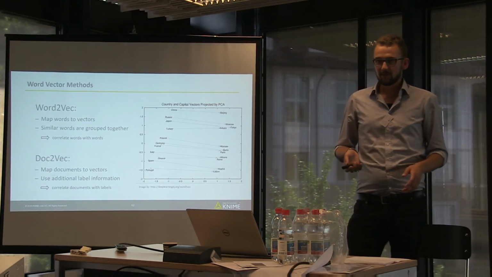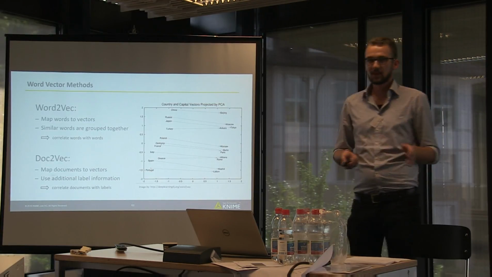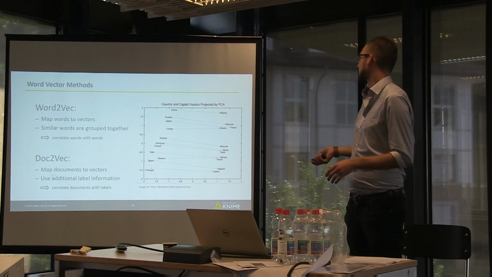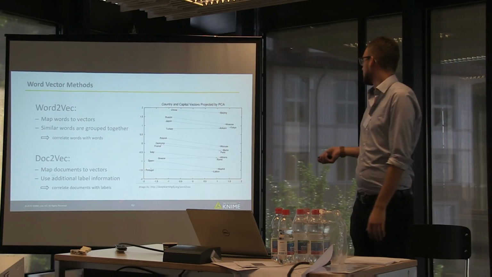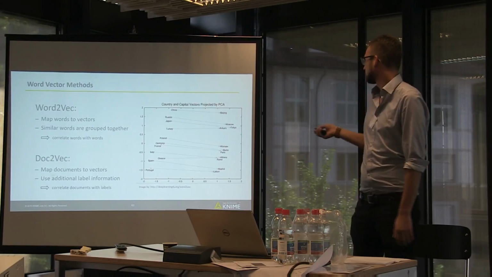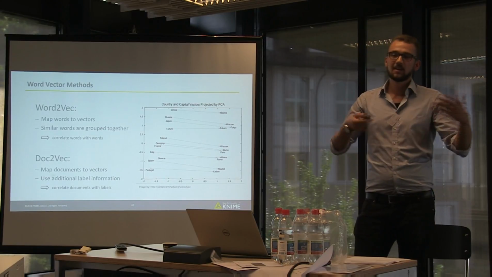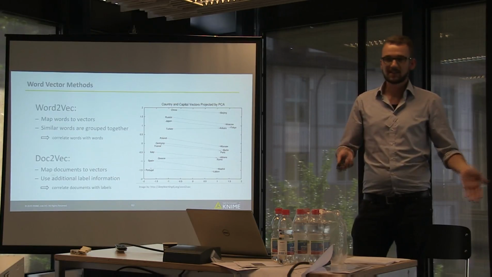Here I have another example of a word vector model trained by Google, and here you can see the vectors of some capitals and some countries projected by a PCA. Now, as we heard before, these vectors are able to model some relationships.